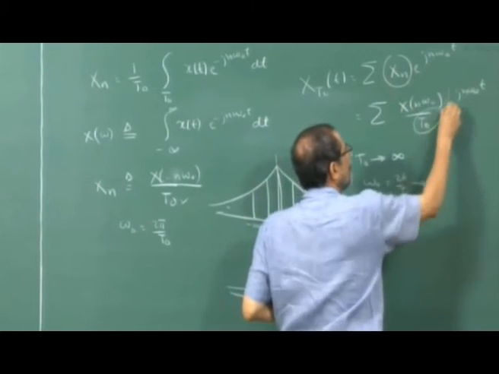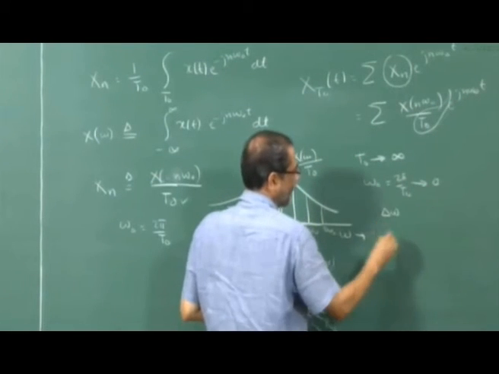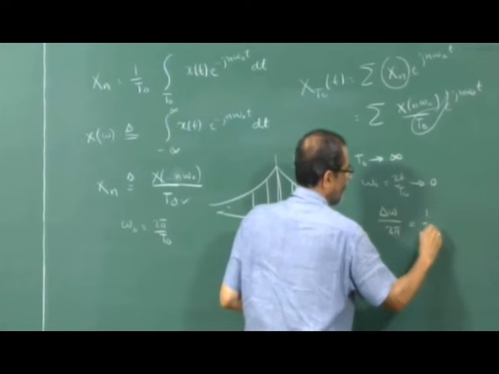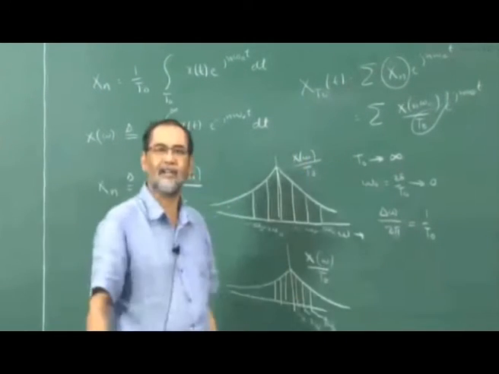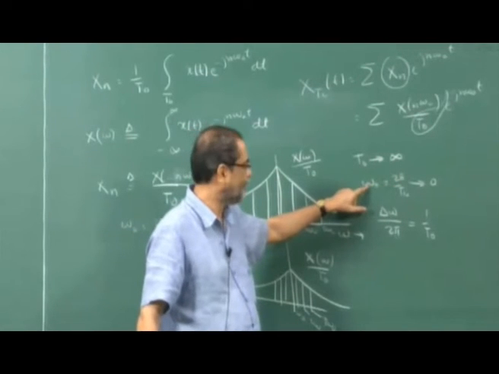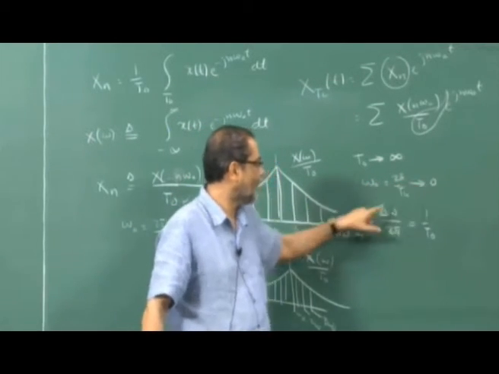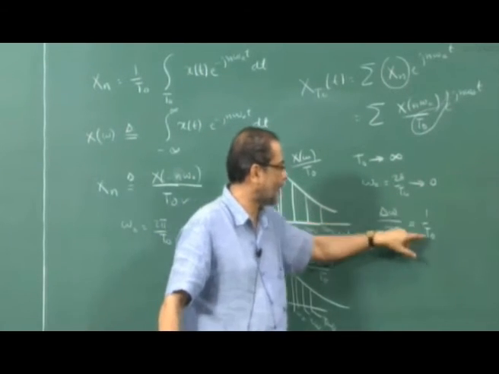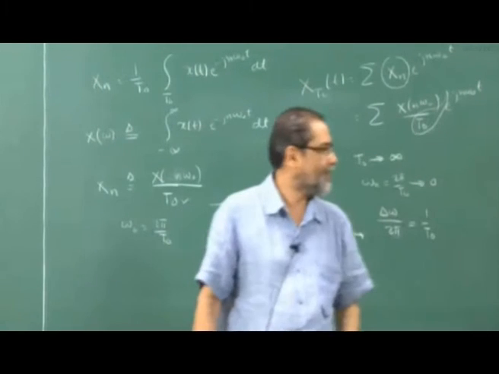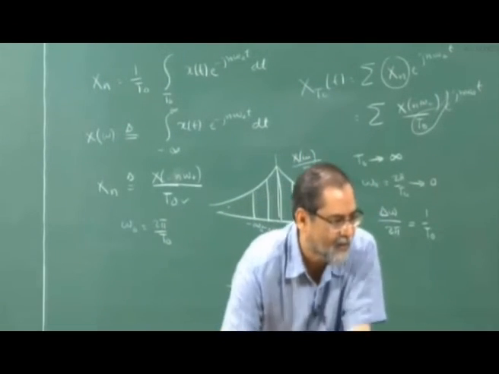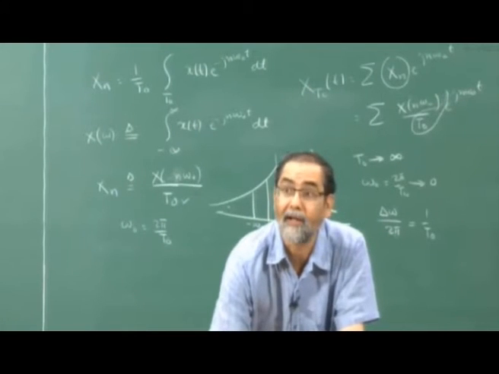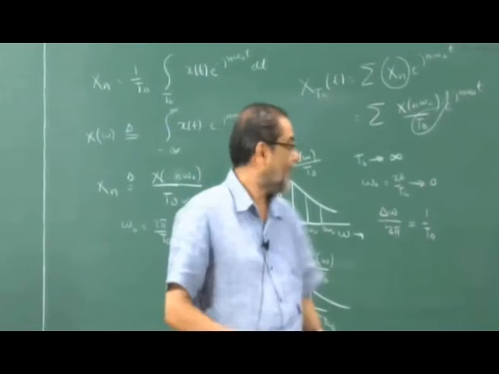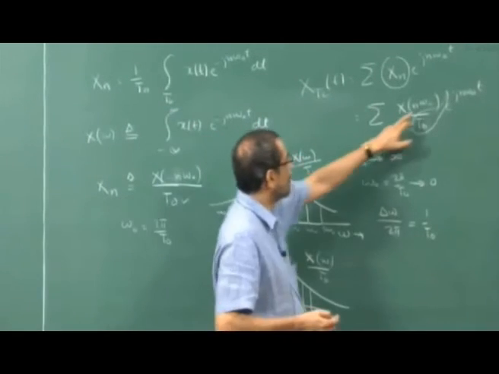So this value 1 by T naught can be written as delta omega by 2 pi, equal to 1 by T naught as T naught approaches infinity. You bring 2 pi to the other side, omega naught is approaching 0, so it becomes delta omega. So delta omega by 2 pi is 1 by T naught. So that's what I write in the next slide here: 1 by T naught is replaced by delta omega by 2 pi.